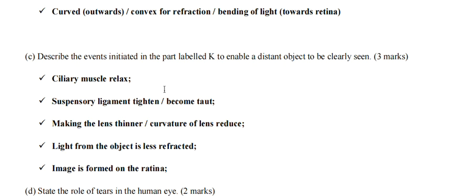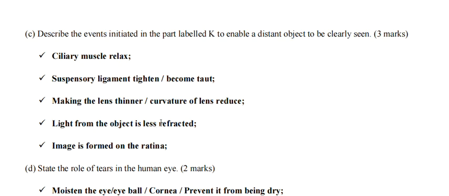The first bit, ciliary muscles relax, and when ciliary muscles relax, suspensory ligaments tighten or become taut, and this makes the lens thinner, or the curvature of the lens reduces, and light from the object is less refracted, and thus the image is formed on the retina.